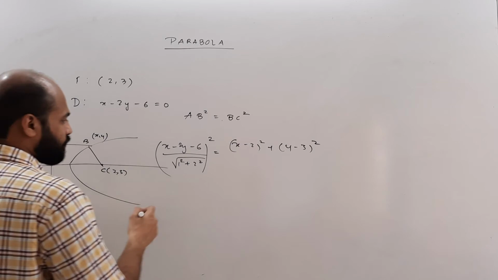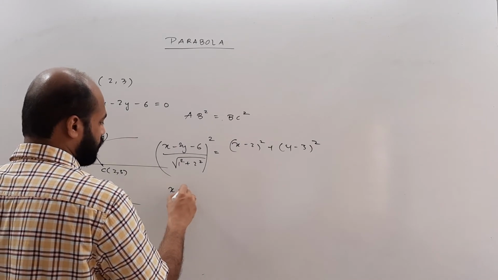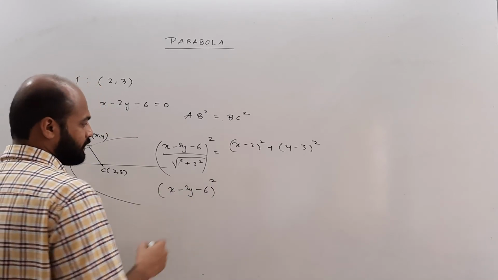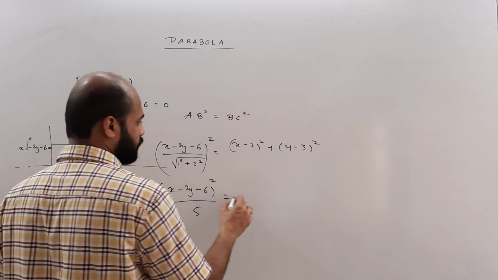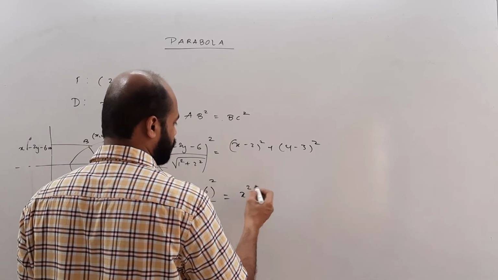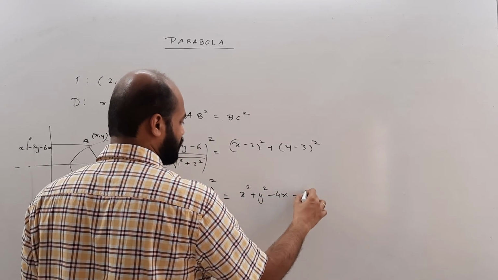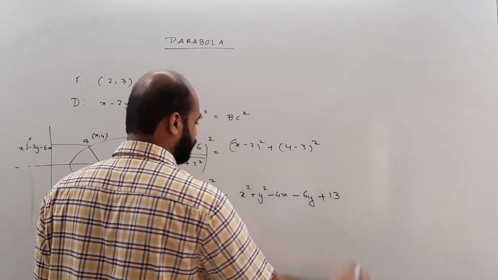Now once we have got this, it's going to be x minus 2y minus 6 the whole square, divided by 4 plus 1, 5, is equal to x square plus y square minus 4x minus 6y plus 4 plus 9. That's going to be 13.